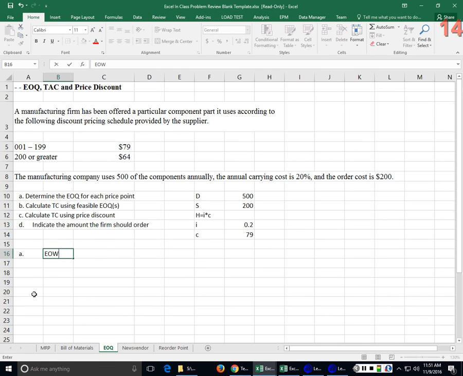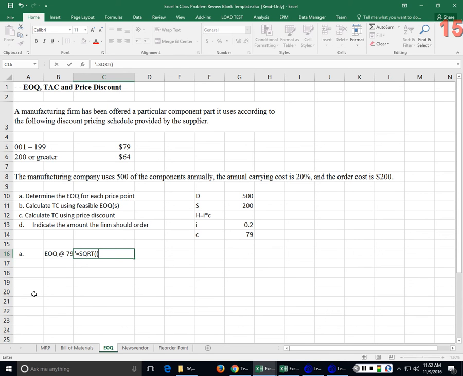And so to do EOQ, and again, I'm going to label these so that I can keep track of what I'm working on. At that price point of $79, it's going to be the square root. If I'm doing it in Excel, and this won't be on the exam, I put parentheses around everything I want to square root, and then parentheses for the numerator and the denominator.